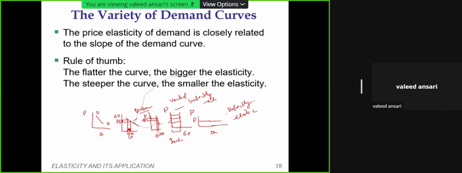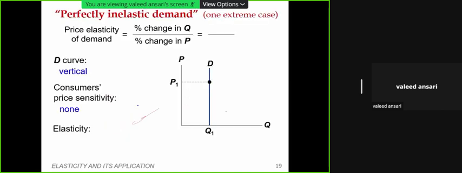Another case is the rectangular hyperbola, where the percentage change in quantity demanded and the percentage change in price remain the same. I will show this in the graph. This is the curve I drew, extreme case 1.